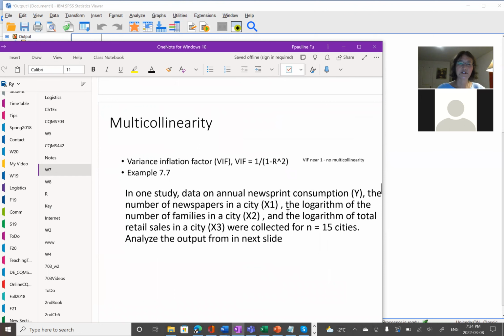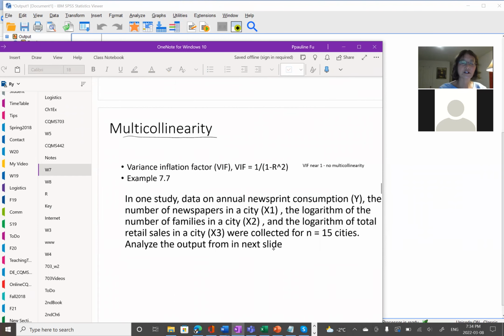Next, I will explain multicollinearity. When we are doing multiple regression, we have many x's: x1, x2, x3, x4, etc. If some of these x's are related, this is what we don't hope for. X1 relates to X2, or X2 relates to X3, or X1 relates to X3.